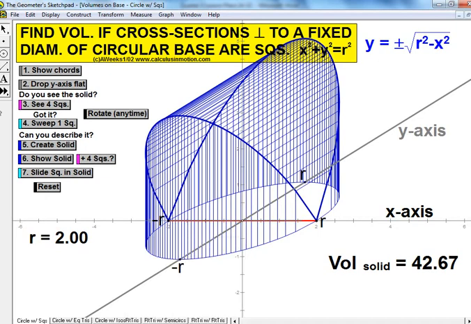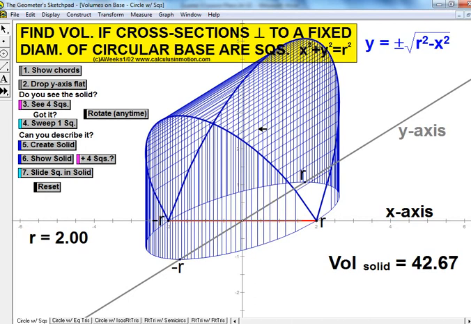We said this is a circular base of radius 2, and the cross sections were squares. Let me find a blank sheet here. If I were to draw this, here's my circle.